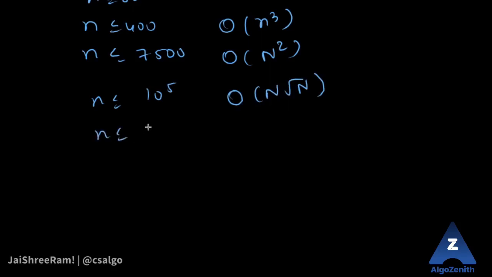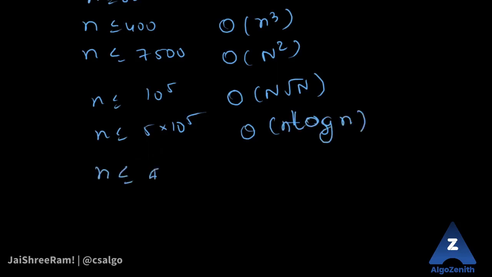If n is less than or equal to 5 into 10 to the power 5, order n log n is safe. If n is less than or equal to say 5 into 10 to the power 6, you should try to code things that are just linear, or order n.